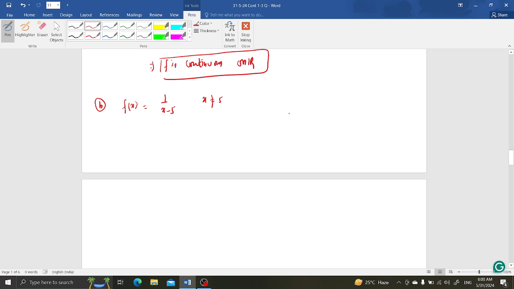The short trick for a rational function is, suppose you have any function f(x), which is p(x) upon q(x). If p(x) and q(x) are both polynomials, first of all find its domain.